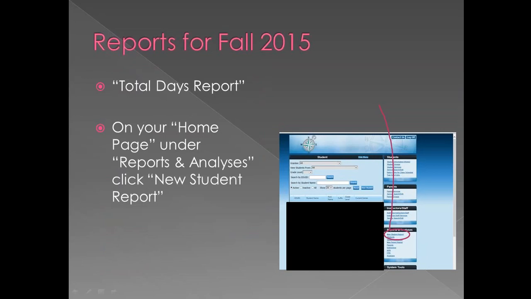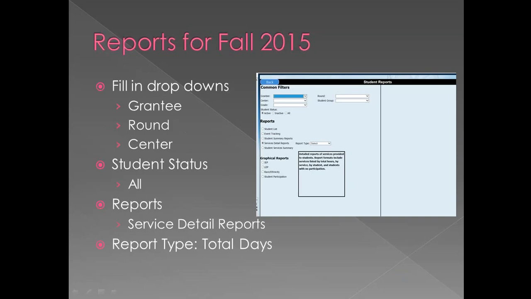So on your home screen, on the right side, there's reports and analysis, and you would click New Student Report. Okay, and then up at the top, you would fill in the drop downs of your grantee. So grantee, American Falls, round, whatever round, and then if you want to look at a specific center, you can do it by center.